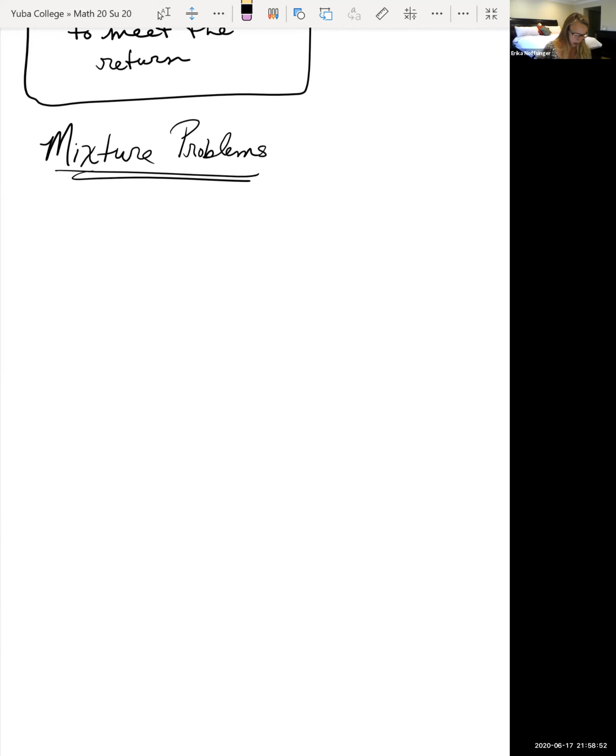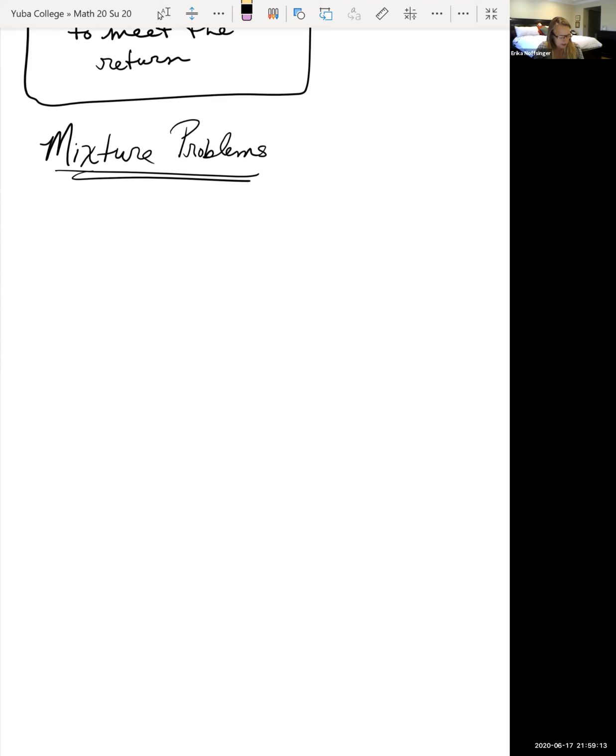Okay, so I'm a big coffee drinker, so this one just caught my eye. It says: a coffee manufacturer wants to market a new blend of coffee that sells for $4.10 per pound by mixing two coffees that sell for $2.75 and $5 per pound respectively.